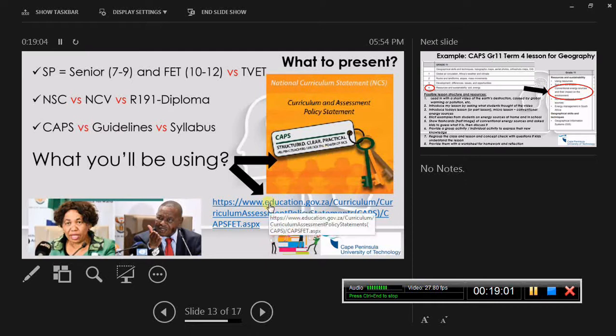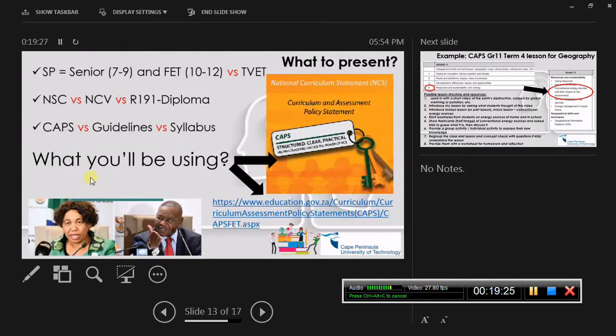So your area of subject specialization is different, right? Some of you have maths, some have geography, some have English, some have Afrikaans. So whatever your subject is, you I think have 2. So you get to choose which subject you like and get that CAPS document.